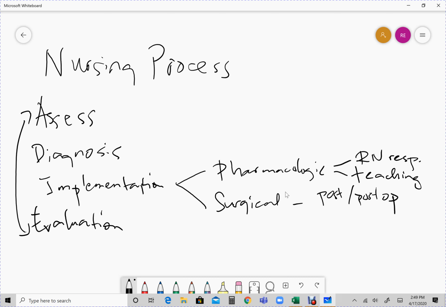Evaluation is the assessment after implementation. So this would cover questions on determining whether or not the action worked, or evaluating a teaching, for instance, whether or not the teaching was effective or the patient needs further education.